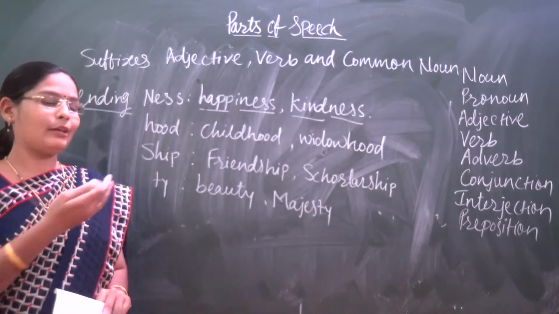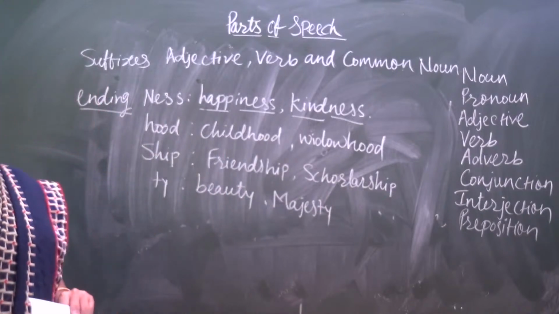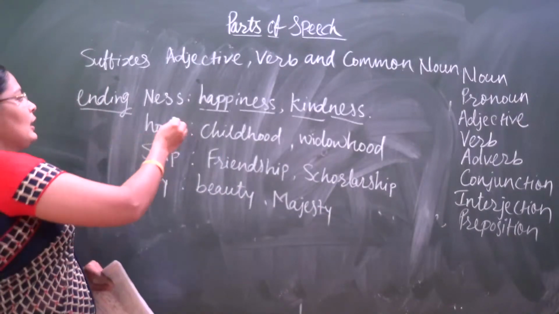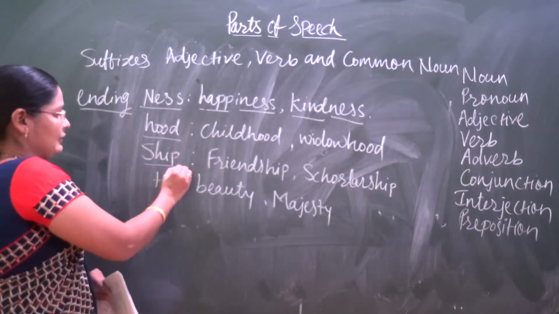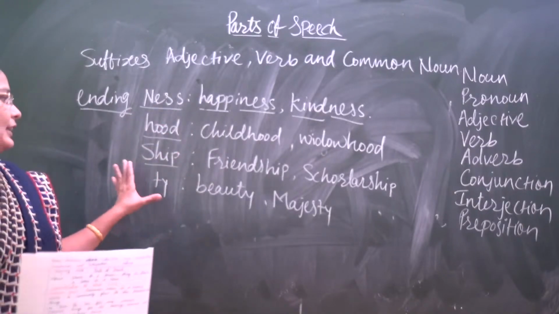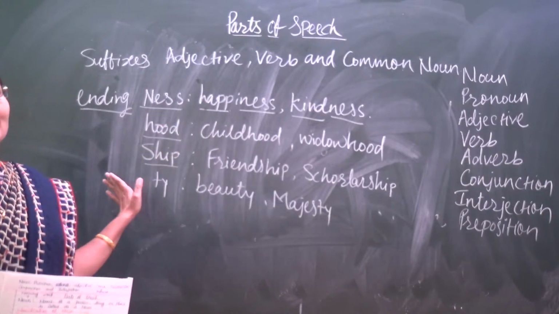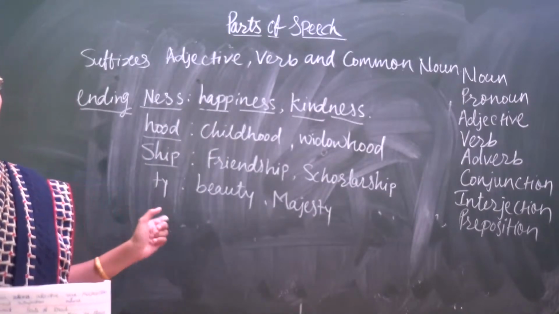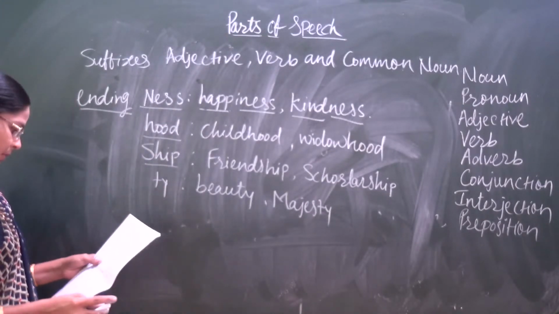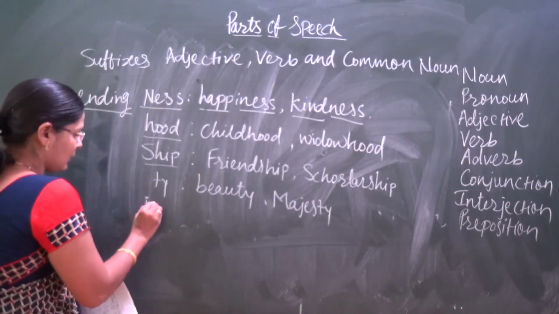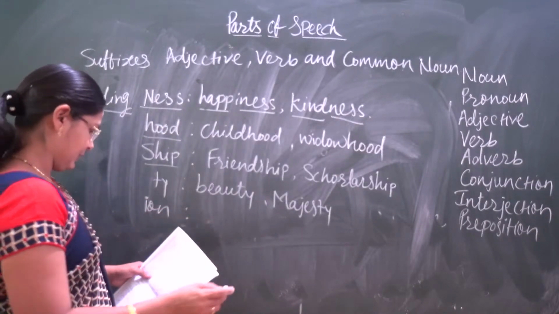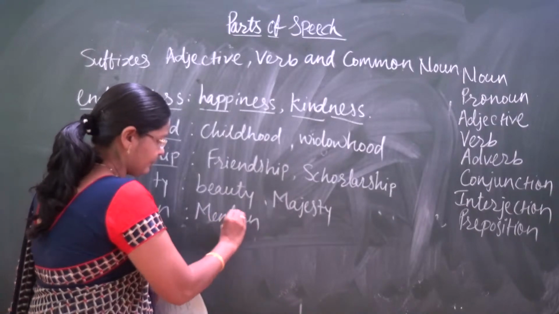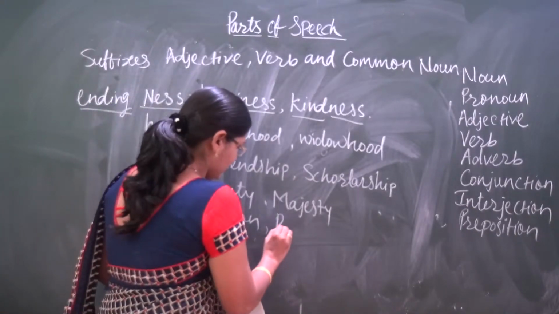Note down whatever I am writing on the board because formation of noun is very important. You are identifying a noun with these suffixes. So these things you must keep in your mind so that the formation and identification of nouns will become very easy for you. ION, mention, pension.